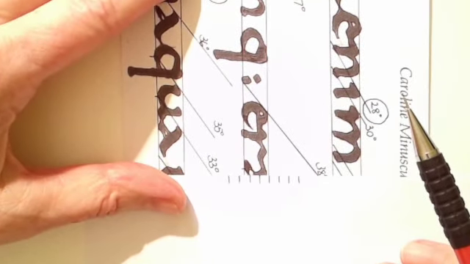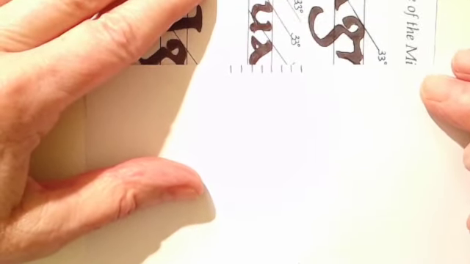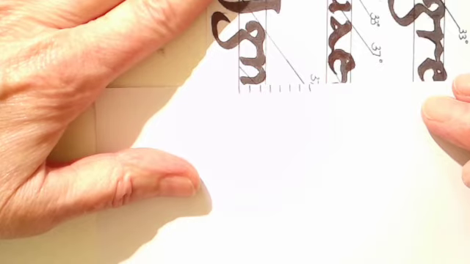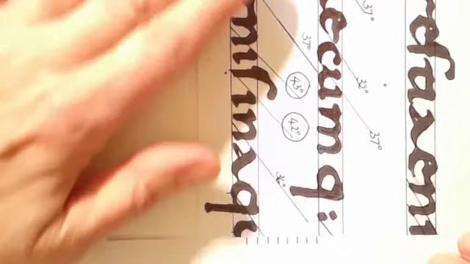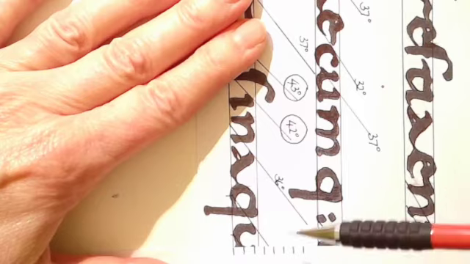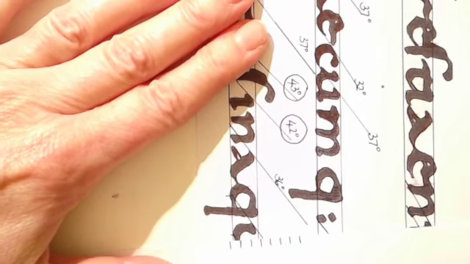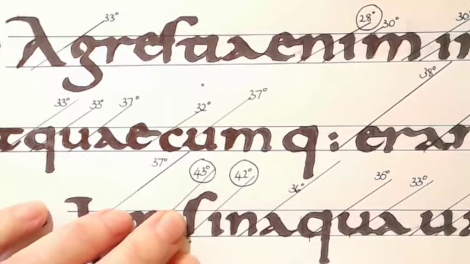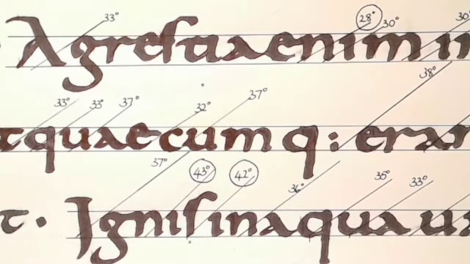On this next line, 1, 2, 2.5 nib widths on that line, and a little further up the same there, 2.5. Finally, on the last line of the 3, 2.5 and 2.5. So on my summary, I would say that although the letter heights do vary slightly, the X height overall is approximately 2.5 to 3 nib widths.